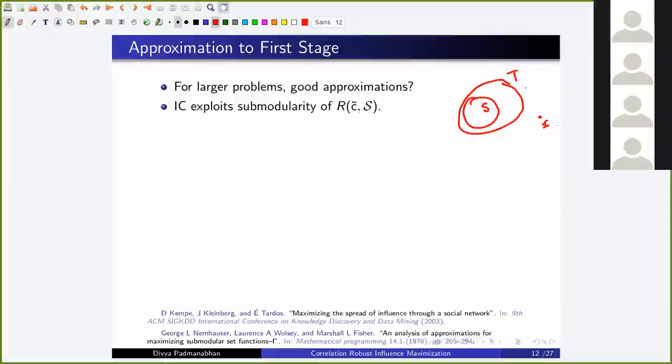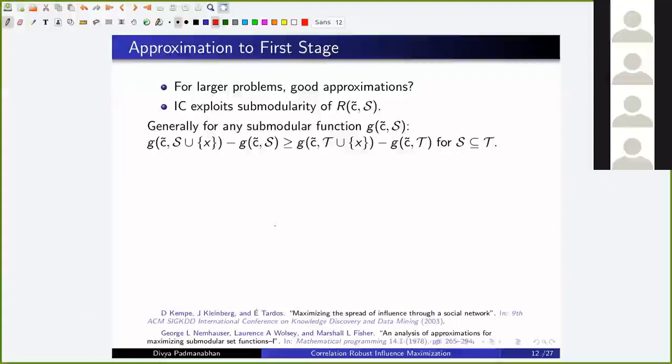If you include an element into a smaller set, the benefits you get are more. That's what is mathematically stated in this inequality.